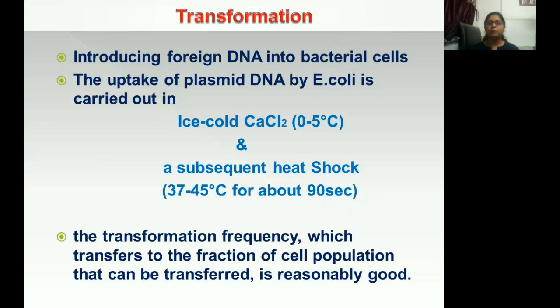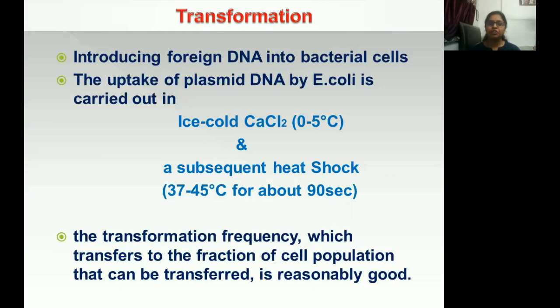Initially we treat the cells with ice cold calcium chloride solution at 0 to 5 degrees Celsius, and subsequently give a heat shock at 37 to 45 degrees Celsius for about 90 seconds. Because of this, the plasmids get taken up by Escherichia coli.